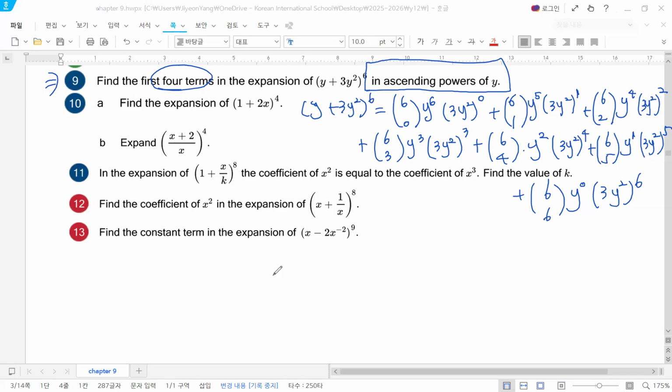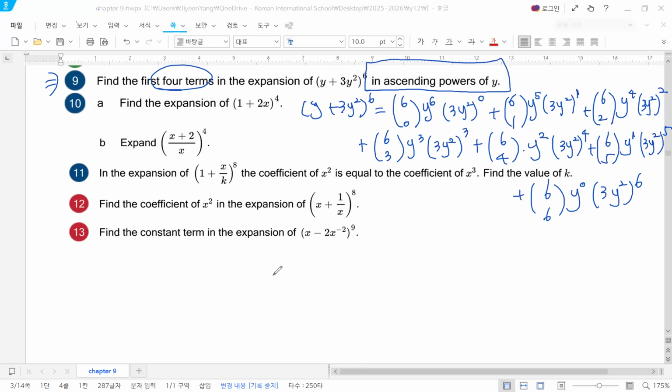Students, firstly, what is this value? 1. And the power of y is 6 here. Let's focus on the powers. This one is y to the power of 5 and this one is y squared, so combining together gives y to the power of 7.